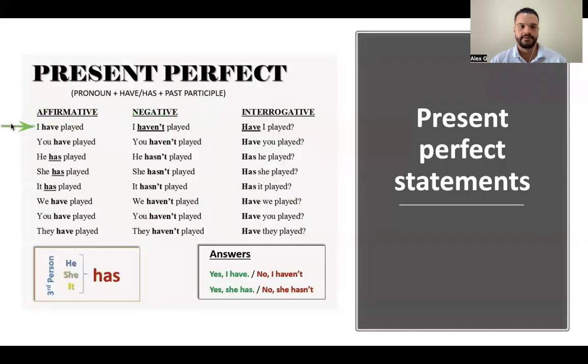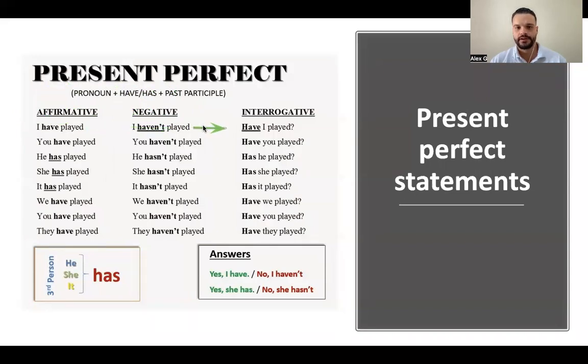So we have subject plus the auxiliary plus the past participle form of the verb. As you can see, pronoun plus have or has plus the past participle. For example, I have played. In the negative form, it would be I haven't played.